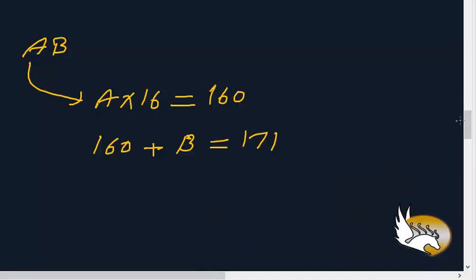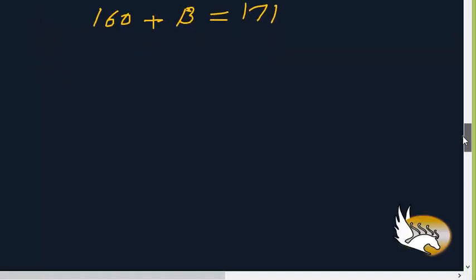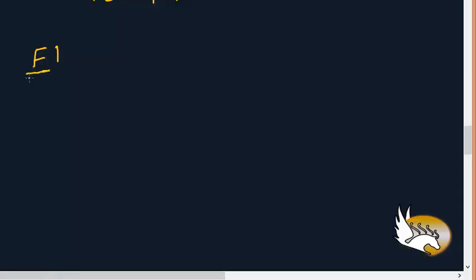Let me give you another example. We are not going to have many of these examples, because you rarely need to do this. But again, okay, they ask you to convert F1 into decimal. So again, as I told you, the first part should be multiplied by 16. The second part should be added to the result.